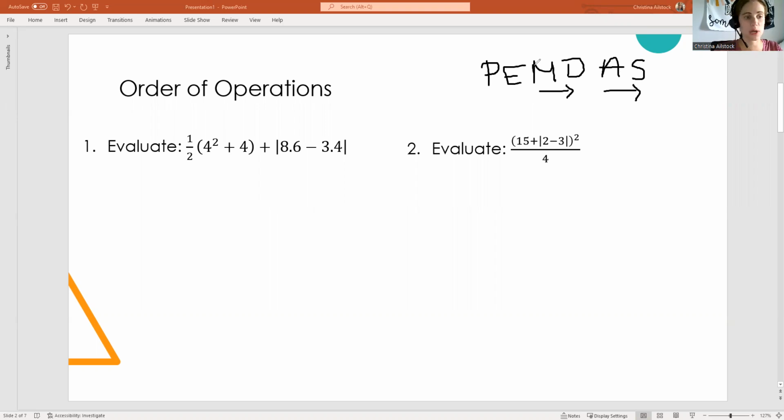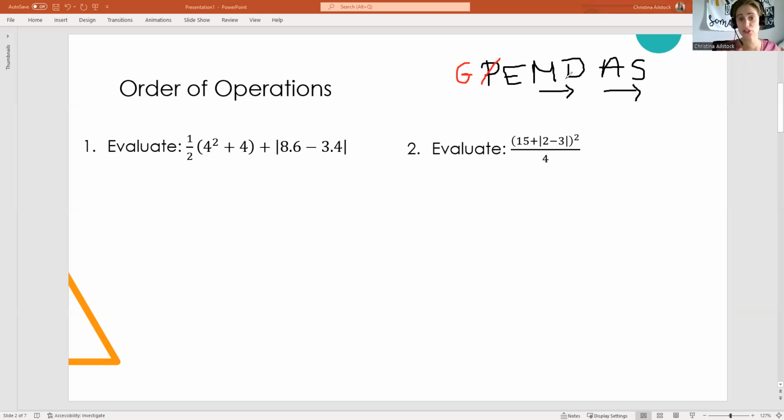The other little note I want to make is sometimes you will see, instead of a P for parentheses, a G for grouping symbol, because that's really what the P for parentheses means: any group of things. A lot of times we use parentheses as our grouping symbol.